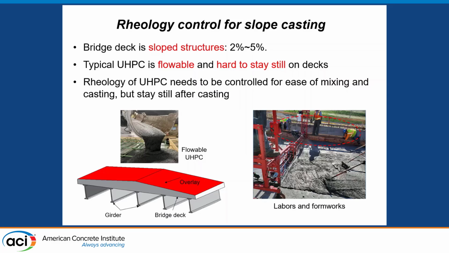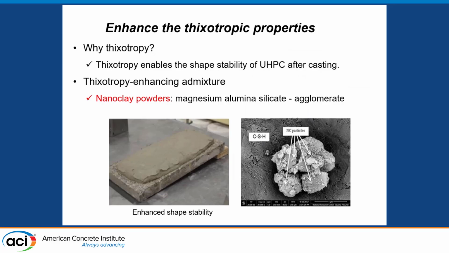I'm talking about highly flowable UHPC, which will flow from the top to the bottom, and this will cause some problems for construction. The desirable UHPC is easy to mix and easy to place, but after placement, it can stay still. To do that, we need to develop or enhance the thixotropic properties of UHPC for shape stability.